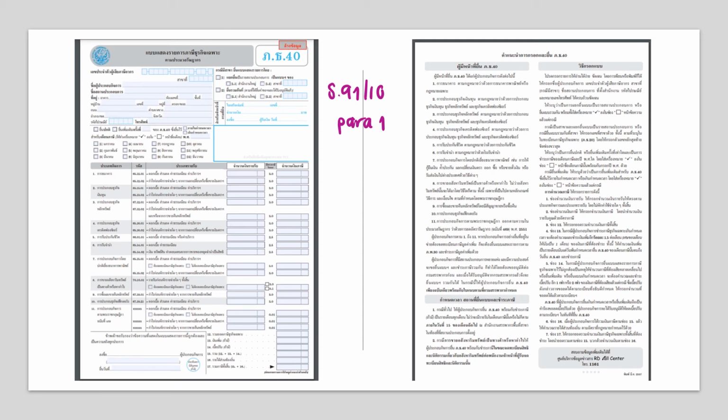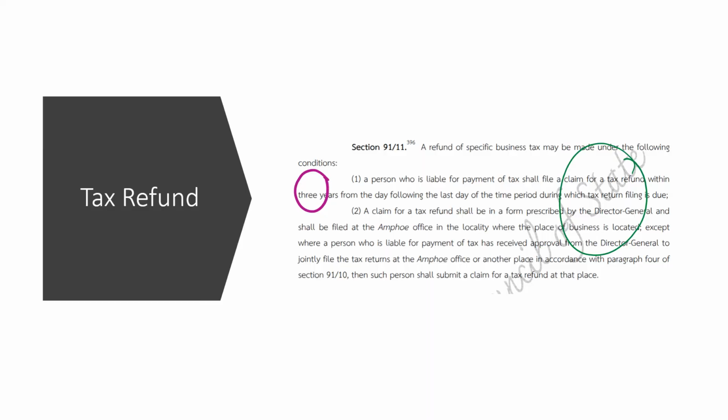So you can see the legal provision in practice in the real world. Okay, and for tax refund, actually in some cases, businesses might be able to get a tax refund.